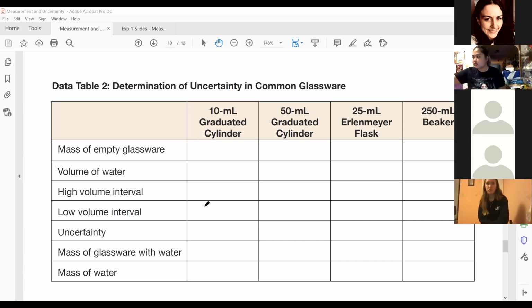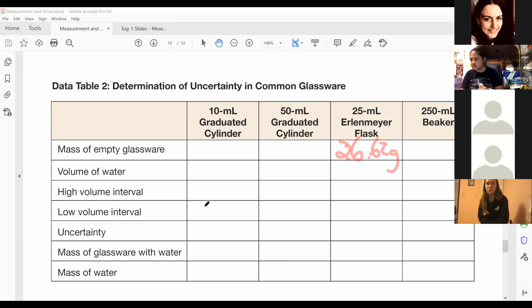All right, so here's my 25 mil Erlenmeyer flask. I'm going to take the water out and measure the mass of it empty. The mass of it empty is 26.62 grams.